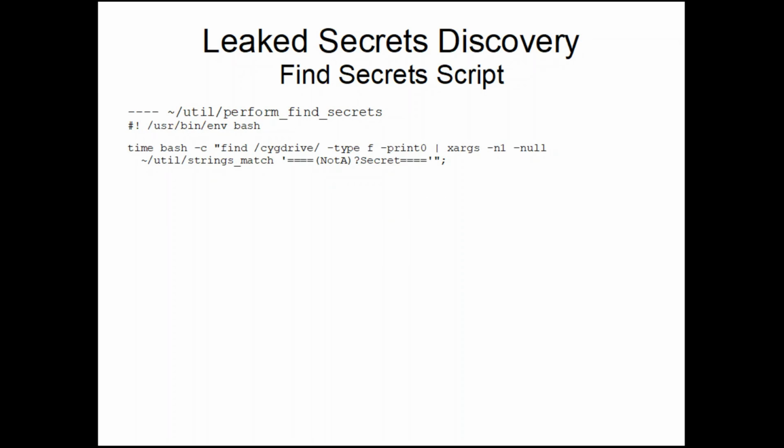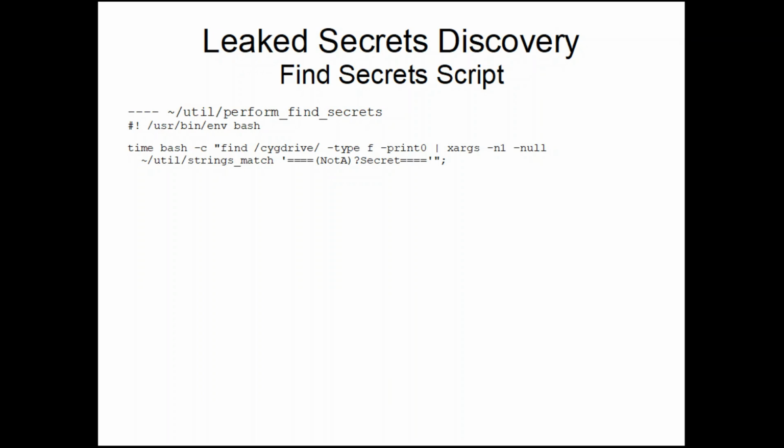So to actually find all of these secrets, and who knows, maybe there are other places also, we're going to do a fairly extensive search for any of this secret stuff. We already talked earlier in the setup about this strings match script, which takes an extended regular expression and the name of a file, runs strings on it, and spits out the file name and anything that matches the regular expression.